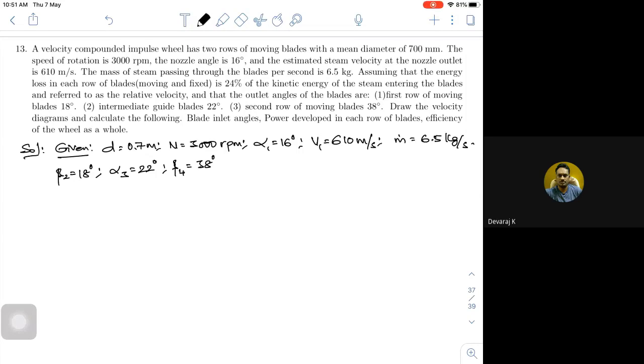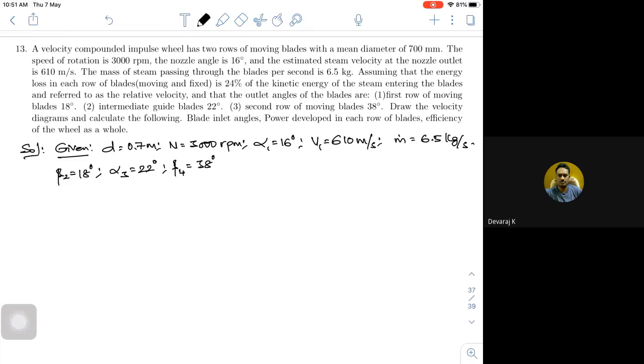And see, what is that 0.76 they have given? Assuming that the energy loss in each row of blades, they are speaking in terms of relative energy, that is something like V square by 2. So let me write that.